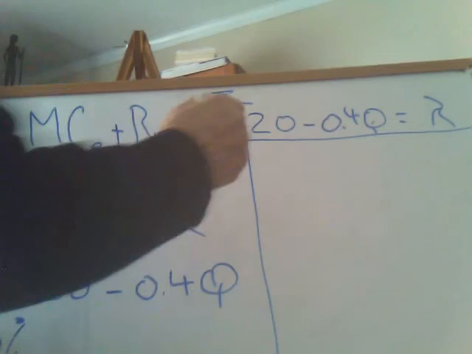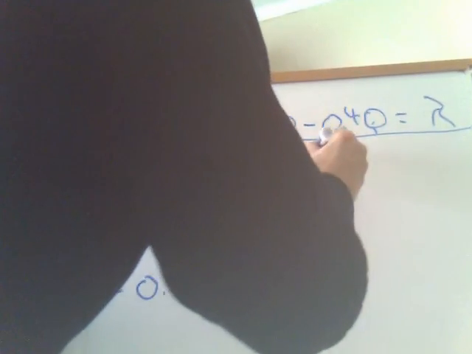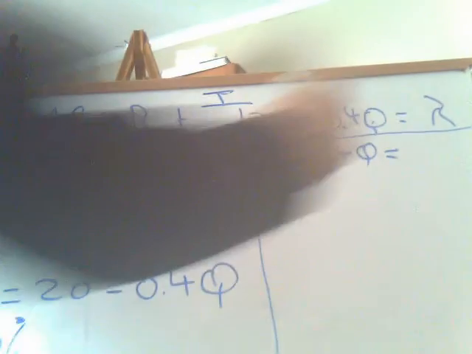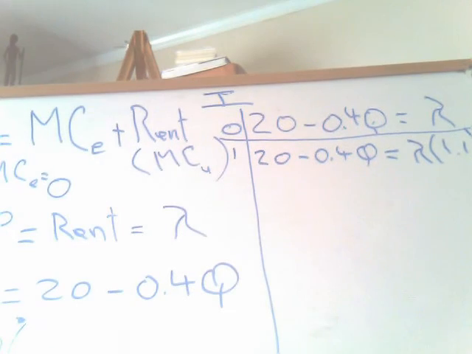So during the next period, we're still going to have 20 minus 0.4 Q, but this is going to be equal to lambda into 1.1.